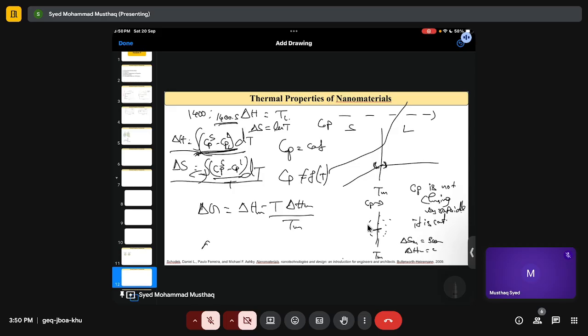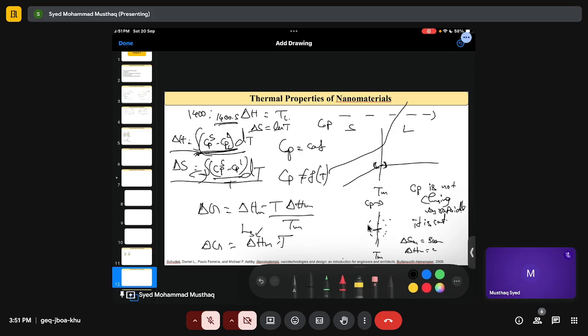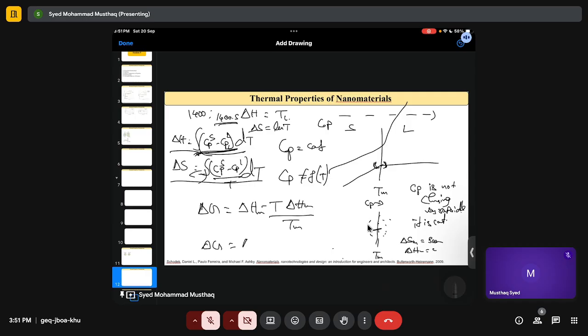So delta G will be delta H, and this delta H is nothing but the enthalpy of fusion, times, let me write it more clearly. So delta Hm is nothing but Ls, the enthalpy of fusion, and then I have Tm minus T, which is delta T, upon T melting point.